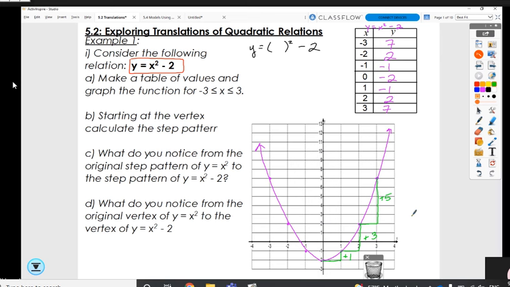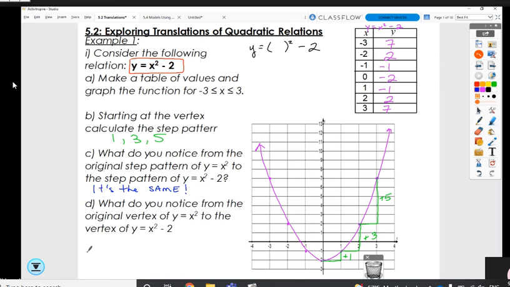No, it stayed the exact same. It's 1, 3, and 5. The step pattern did not change.